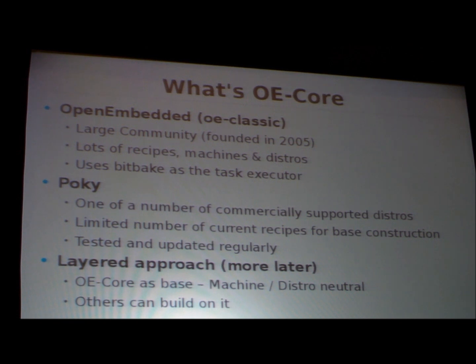So you can do a build in there and there's no distribution. There's enough information to do a build, but not anybody's distribution policy. And the machine neutrality is QEMU targets. That allows other people to build on it. So Poky is an example, Angstrom, and there's a bunch of other distros that build on top of OE core at this point.